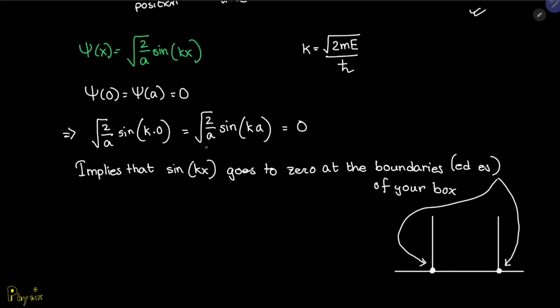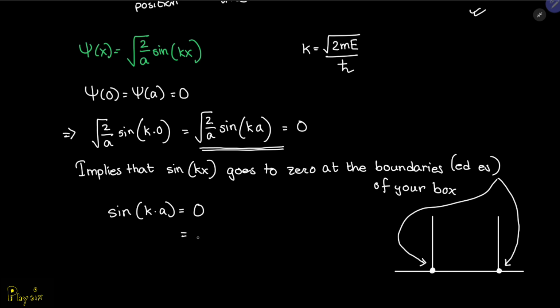Since the square root of 2 all over a times sine ka is 0, this helps us to write down that sine of k times a is equal to 0, since the square root of 2 over a cannot be 0, and we can divide both sides by it.